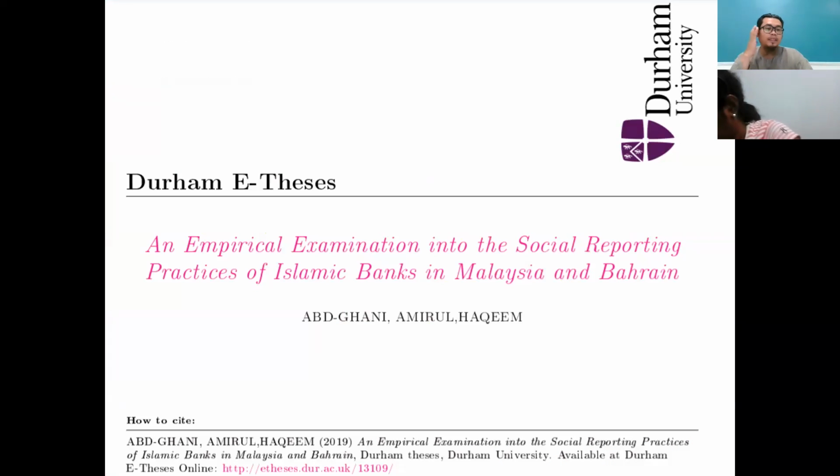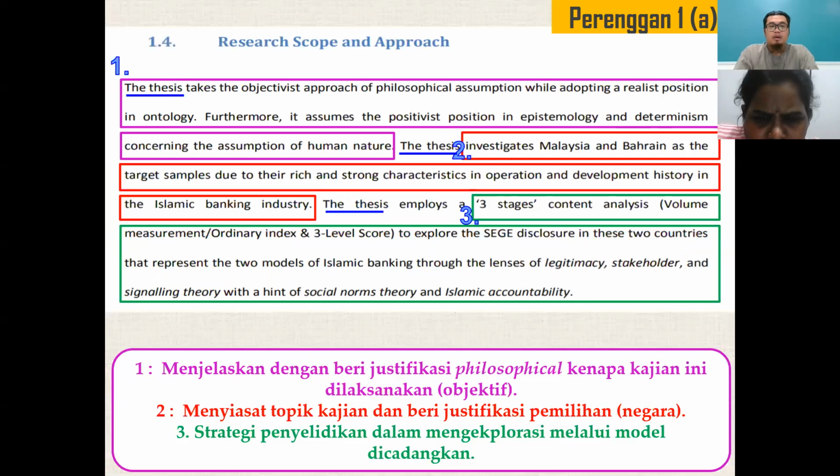These are some examples of previous research, actually a thesis, from Durham University: an empirical examination into the social reporting practice of Islamic banks in Malaysia and Bahrain. The most important reason I share this slide is so we clearly understand how to write limitations. In this study, the title uses research scope and approach.